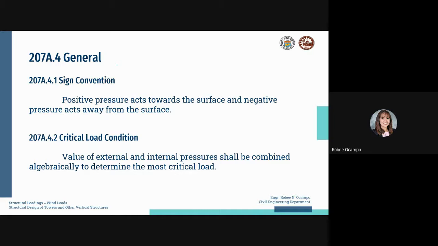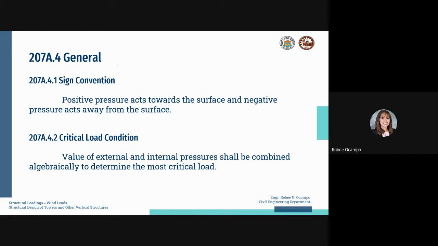Okay, so yung value ng wind pressure mo na yun will be positive. Okay, and the negative pressure is away from the surface. Kasi yung wind pressure na negative na yun is palabas. Okay, so ito yung inassign na sign convention ng NSCP for the wind pressure na mako-compute natin.